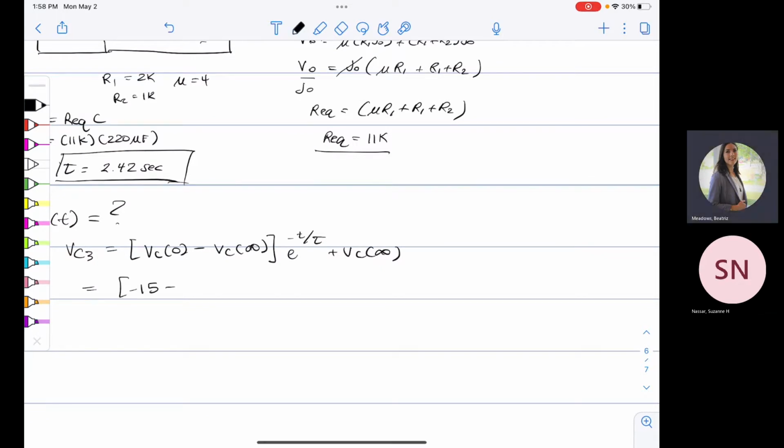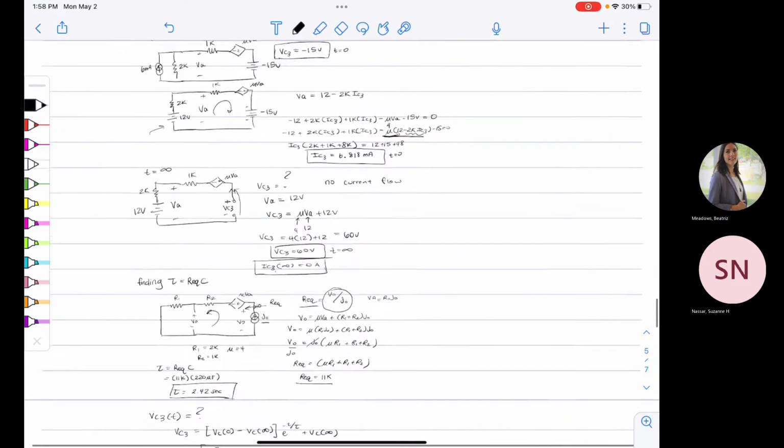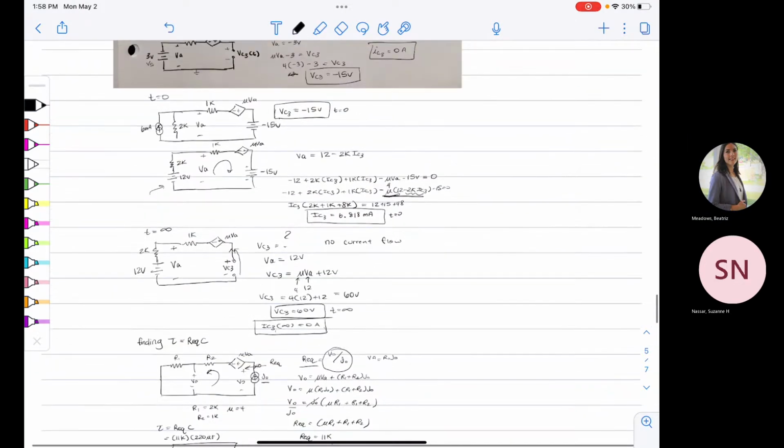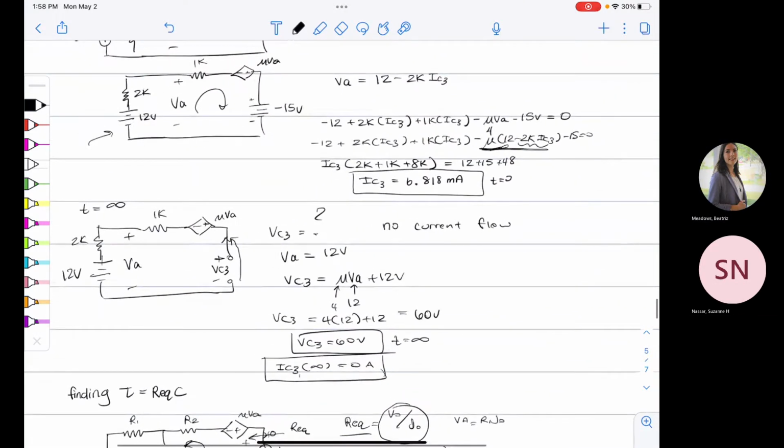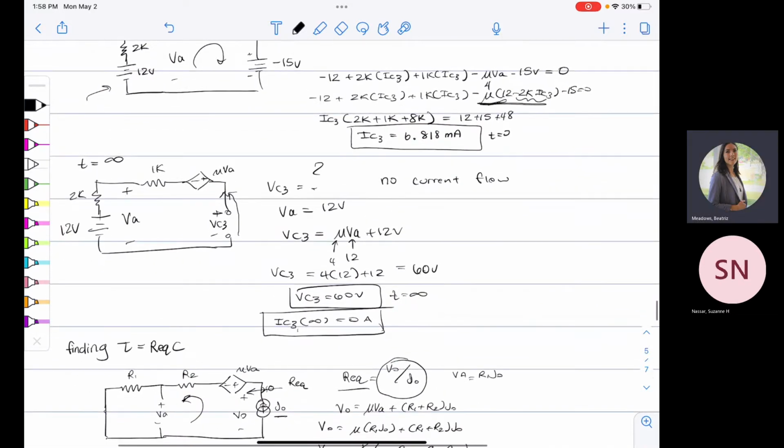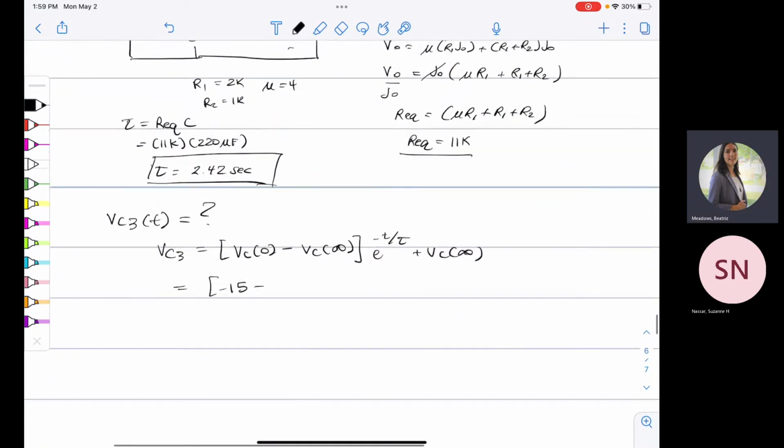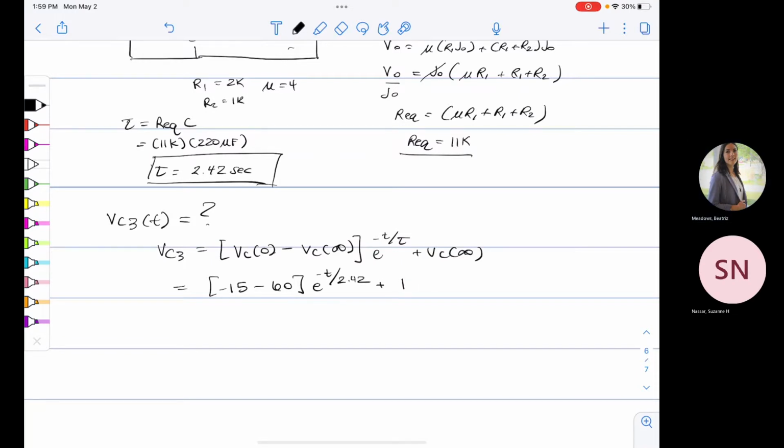And what is our VC at infinity? 60, yep. And then e to the negative t over tau, with tau which we found to be 2.42, plus VC at infinity. Yep.